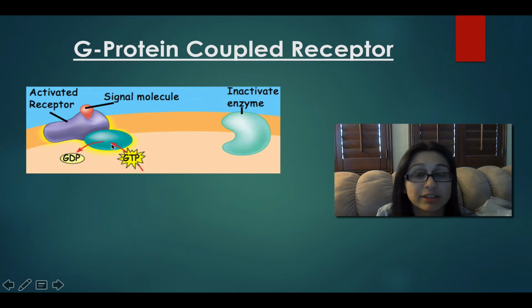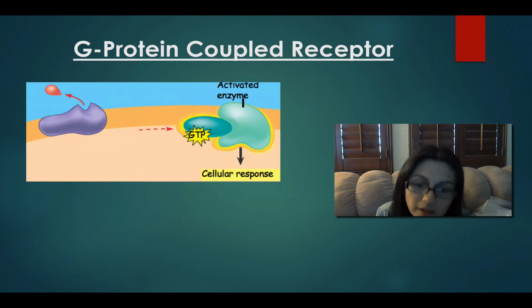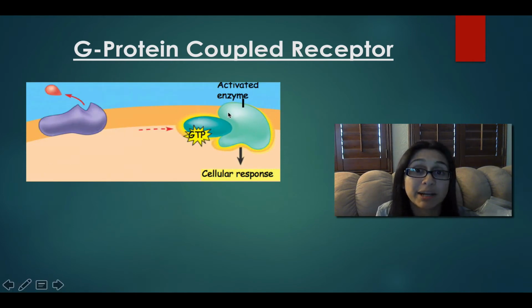And now we could say that the G protein has been activated. When it becomes GTP, it's slightly modified, slightly changes in some way, and now the G protein has been activated. That G protein goes to that enzyme that's also found usually in the cell membrane, and it's going to modify that enzyme, and then that enzyme could start a series of changes as well that lead to finally a cellular response.